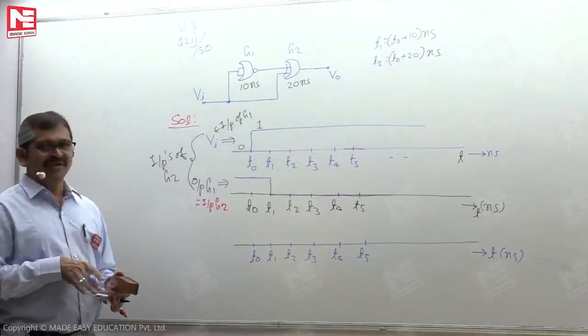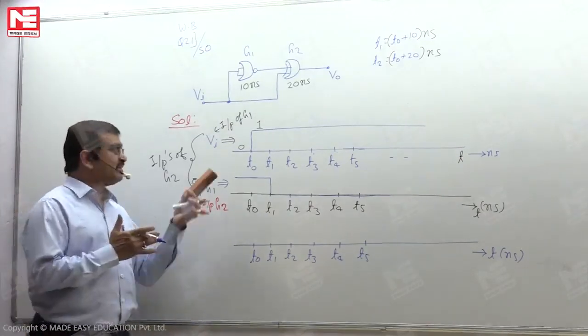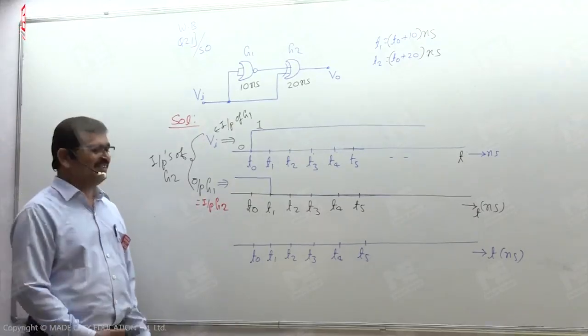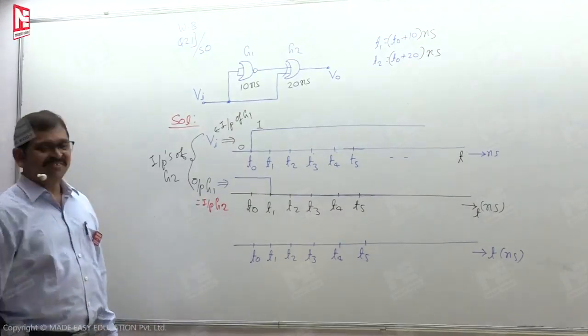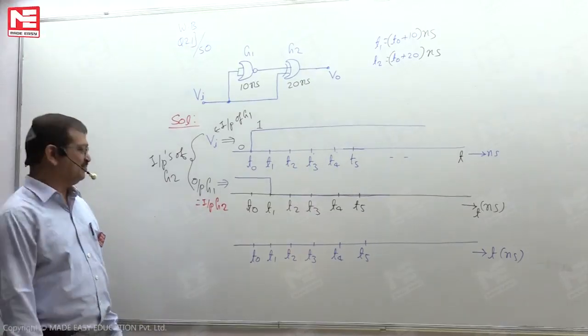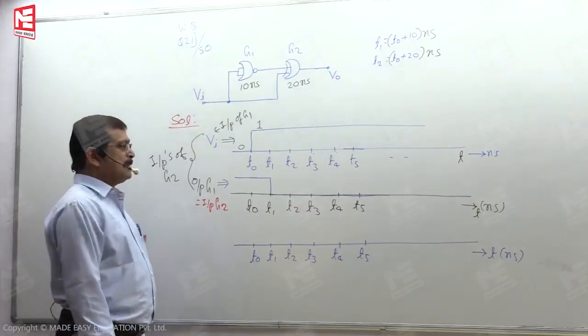Whenever we are feeding the inputs, it is not responding. Because of its laziness, it is responding only after 20 nanoseconds. Lazy, I'm talking about as a delay. So, because of its delay, it is responding only after 20 nanoseconds.